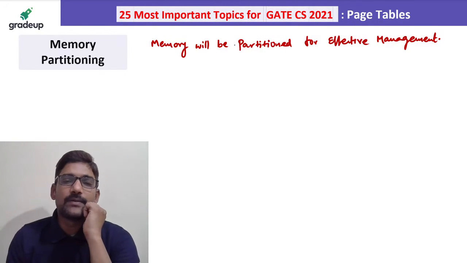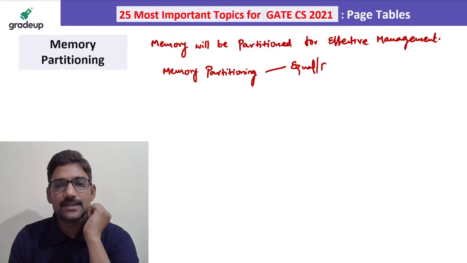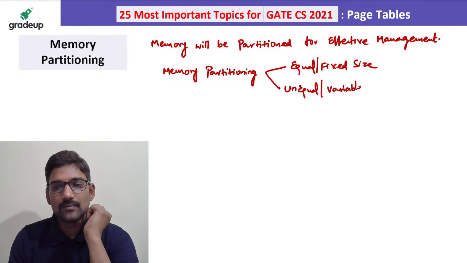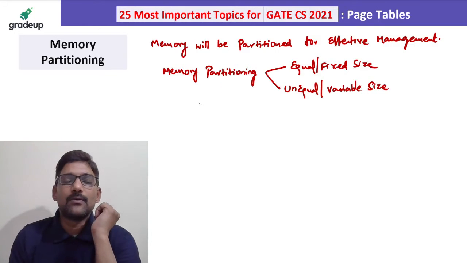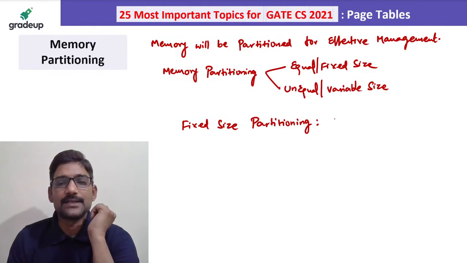Right? So whenever we say this memory partitioning, two options arise. How to partition this memory? We may partition this into equal size partitions or fixed size partitions, or unequal size or variable size partitions. Whenever we do fixed size partitioning, there may be wastage of space inside the partition.